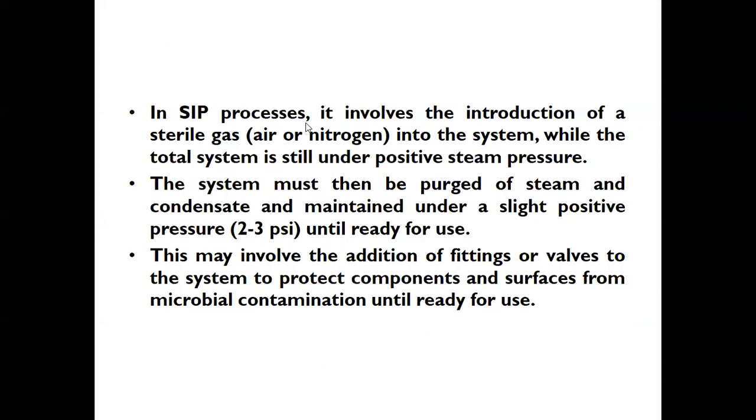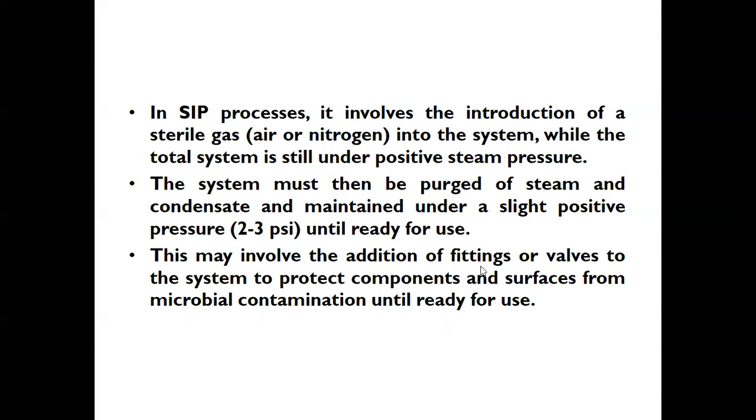In SIP processes, it involves the introduction of sterile gas, either air or nitrogen, into the system while the total system is under positive steam pressure. The system then must be purged of steam and condensate and maintained under a slight positive pressure, 2 to 3 pounds per square inch, until ready for use.